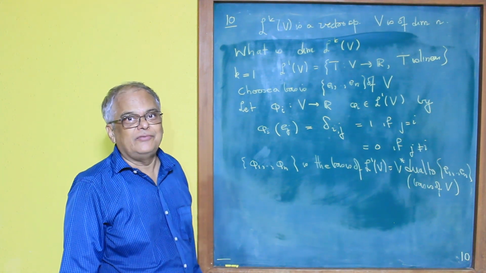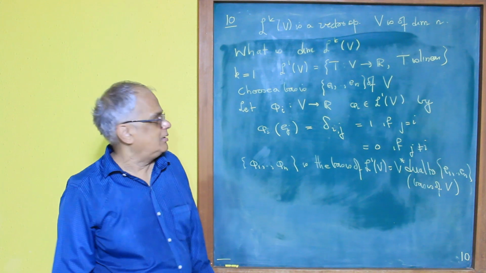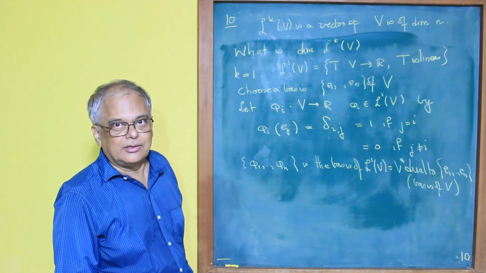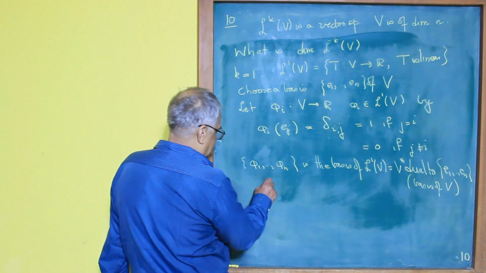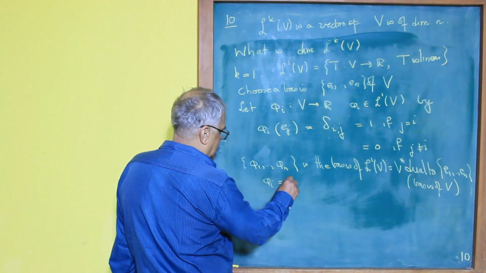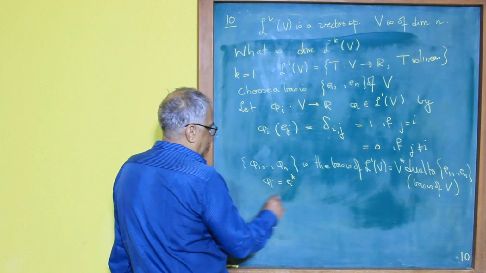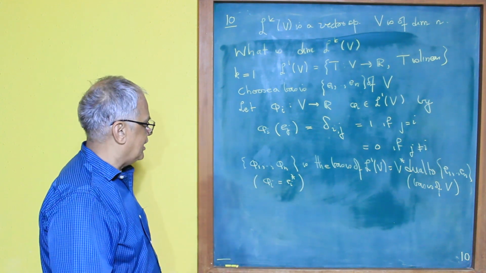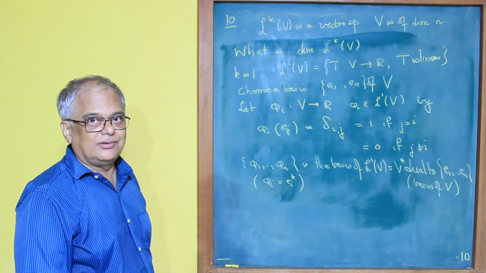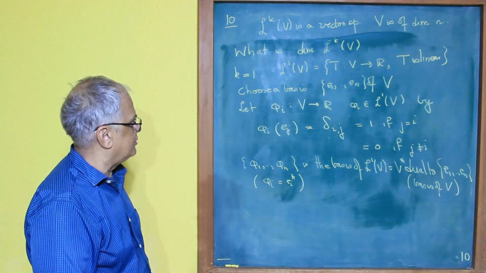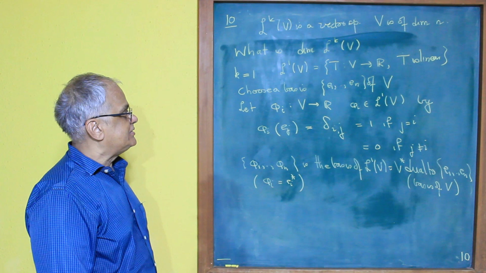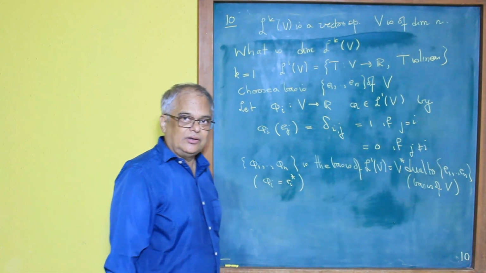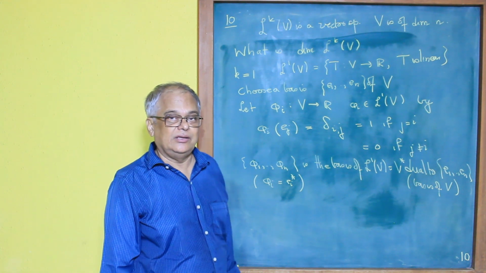The notation you might have used earlier may have been that phi_i is equal to e_i star. That is the other notation. But it's better not to use the notation e_i star, because star is going to mean something slightly different as we go along. So this is a basis of L_1(V).